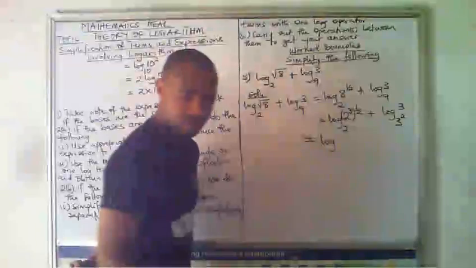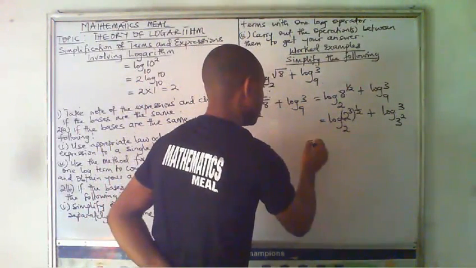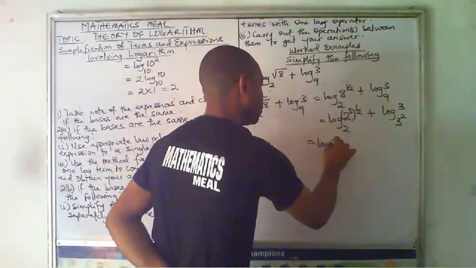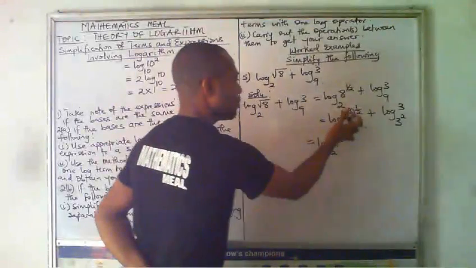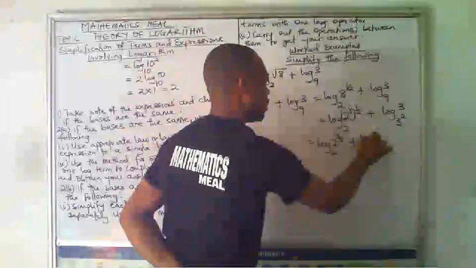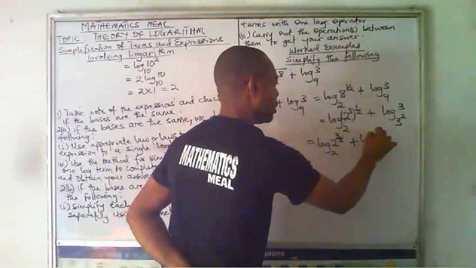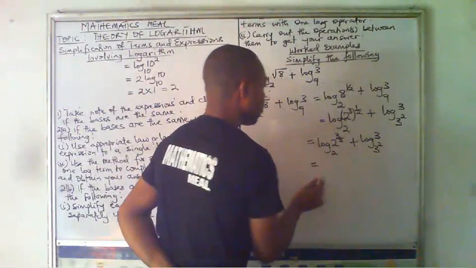We're going to have log 2 raised to power 3 over 2 base 2, because this 3 times 1 over 2 will give me that, plus log 3 in base 3 raised to power 2.